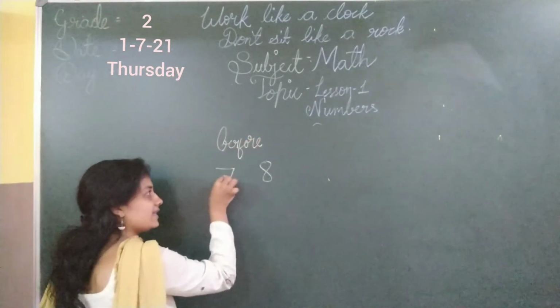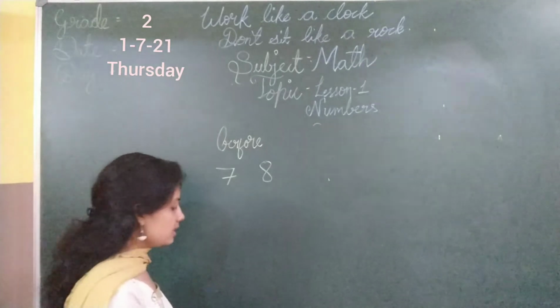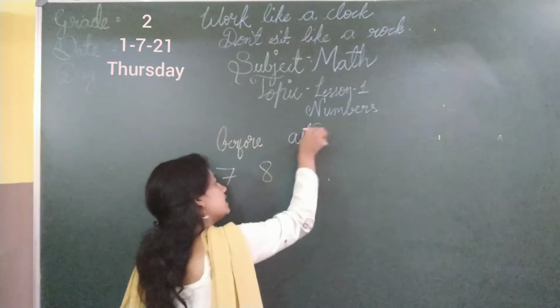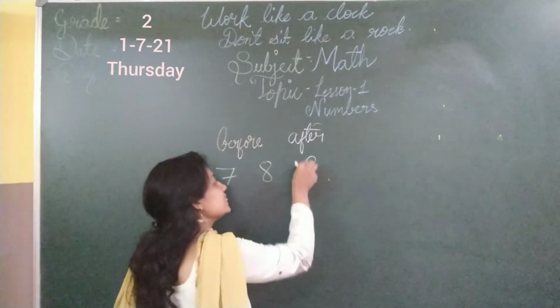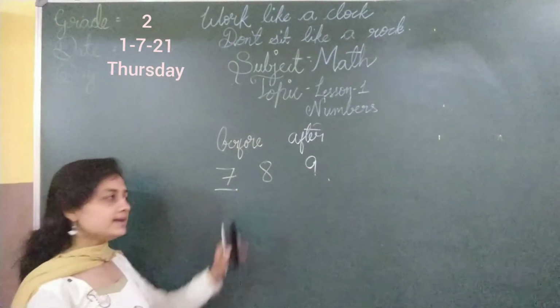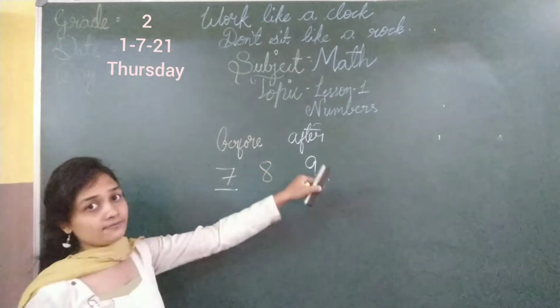It's 7, right? Similarly, what comes after 8? After 8 is 9. This is the number which comes before 8, and this is the number which comes after 8.